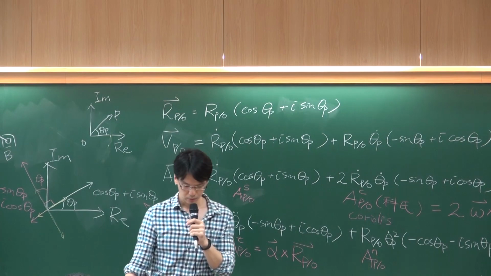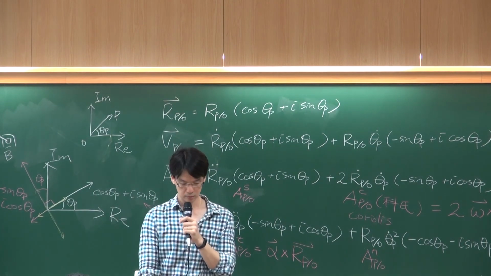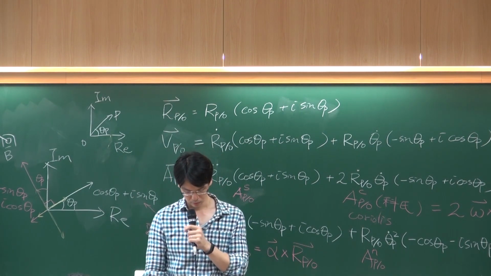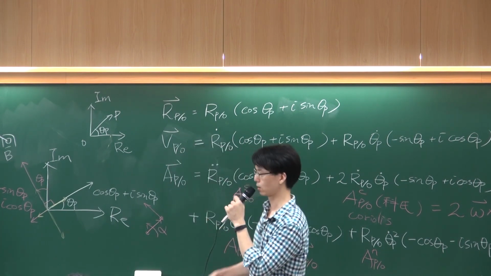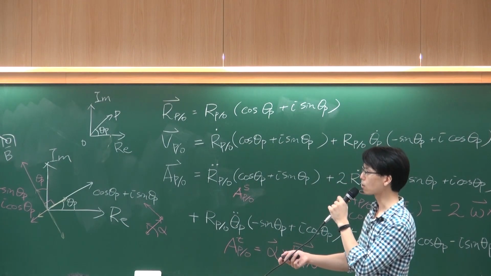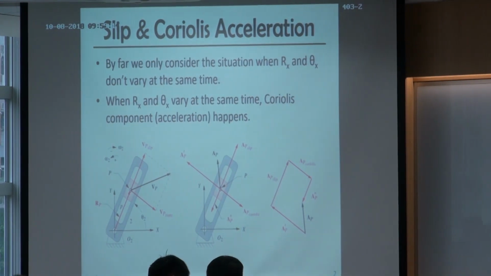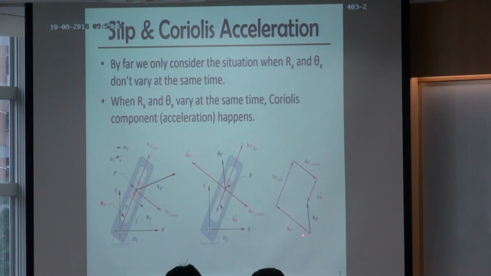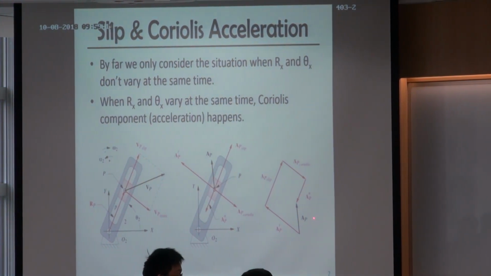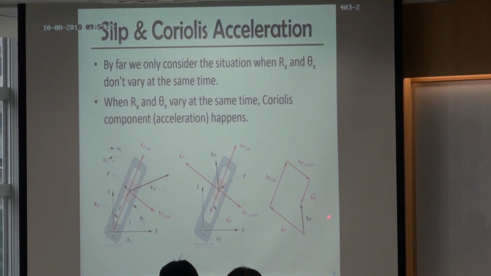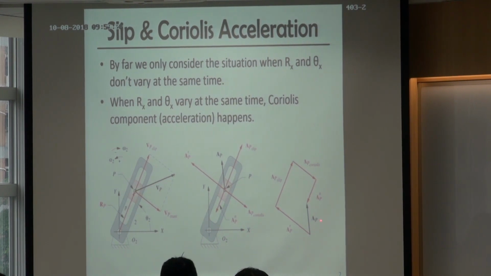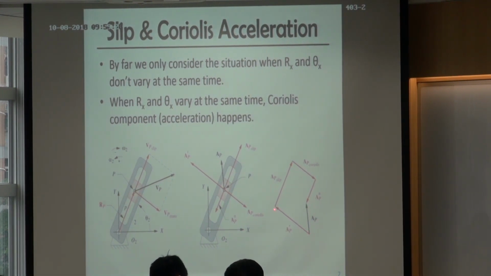Any questions? So, the same as previous cases, we'll use vector addition. This one has 4 components. To represent AP, right now O is fixed, so you can just ignore the O. AP is the absolute acceleration, a combination of all 4 components.